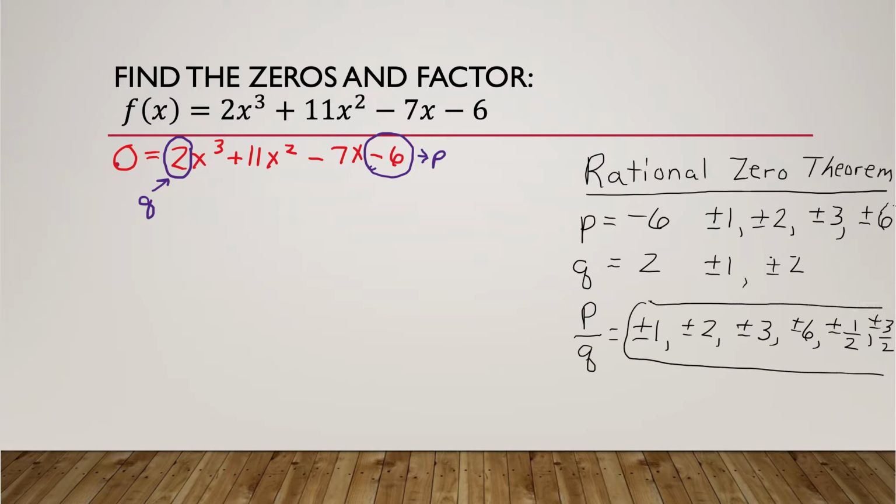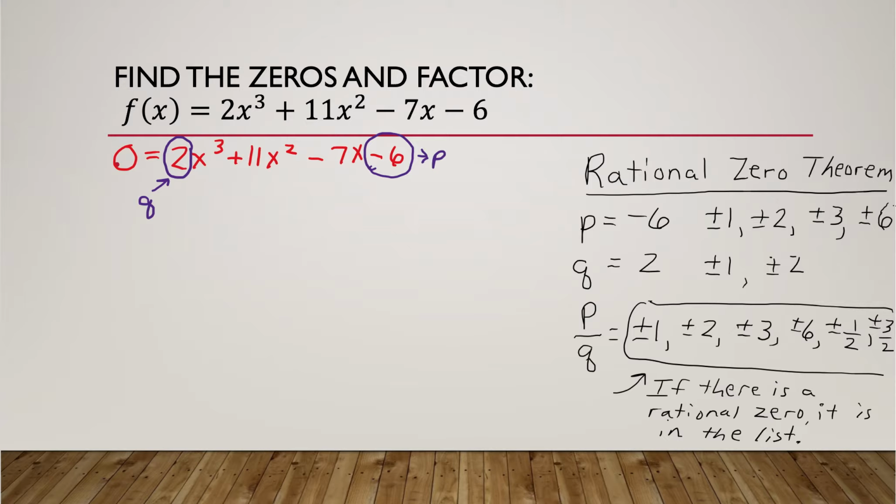We're not going to get real hung up right now on the word rational, but what the theorem says is that if you have a zero, a rational zero, it is one of these numbers. I'm just going to say it is in the list.